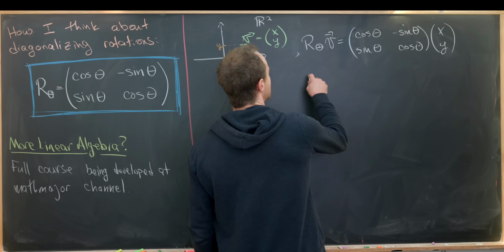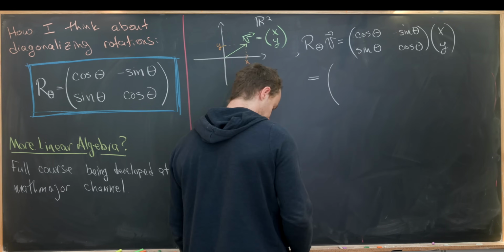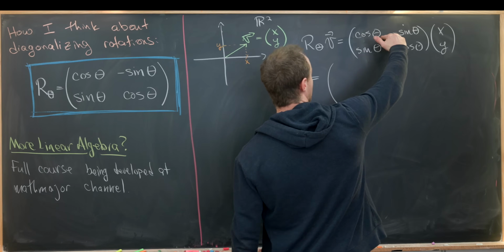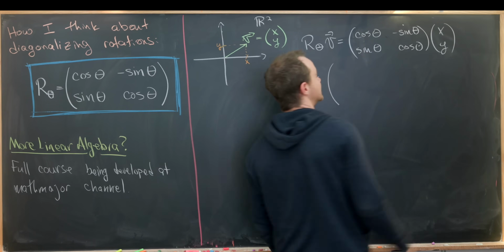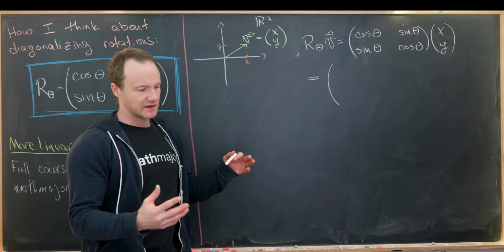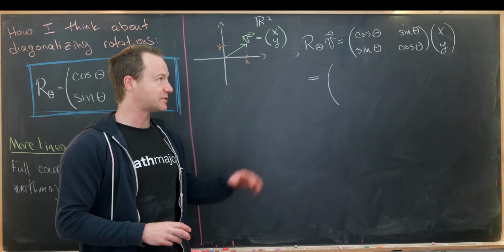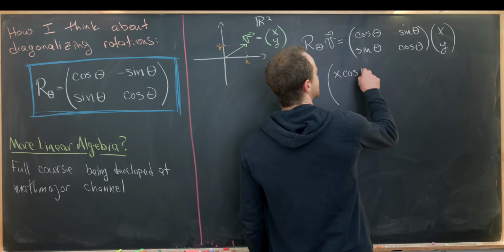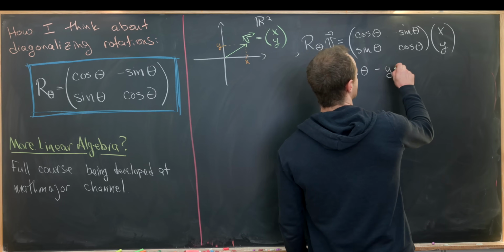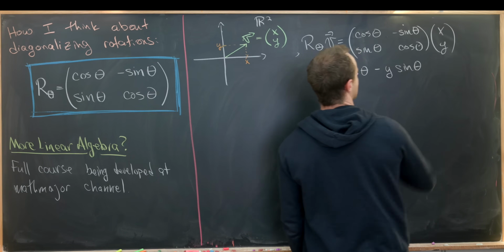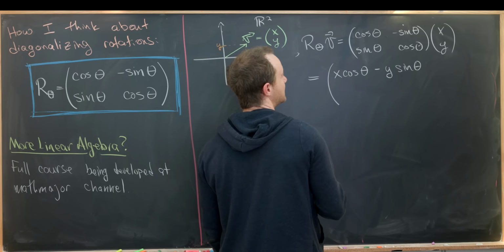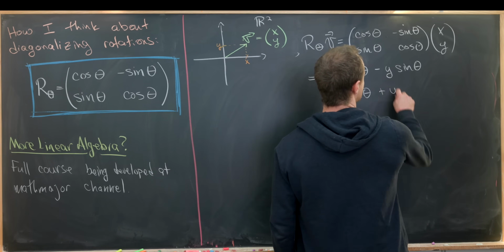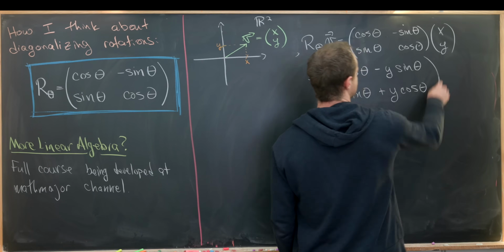If you recall how we do this, we take our first row, then we swivel it into this column vector. Everything that lands on top of each other, we multiply and then we add. So that's going to give us x times cos theta minus y times sine theta, and then x times sine theta plus y times cos theta.